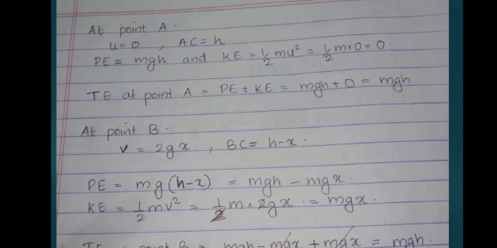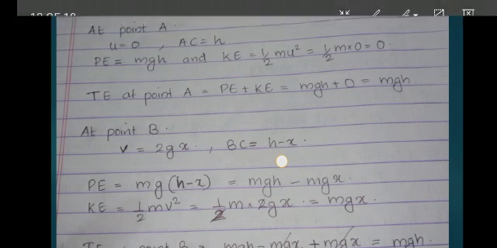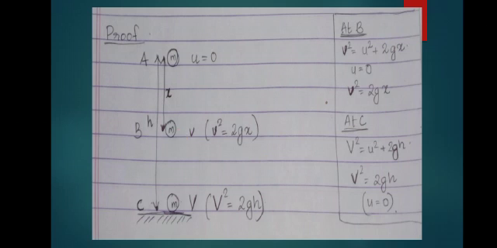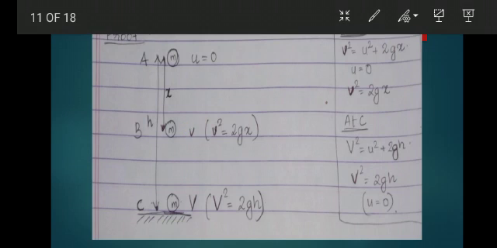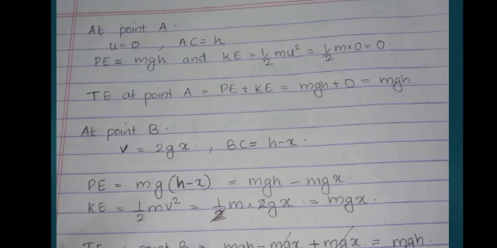Like this we are going to find the energy at position B. Now at position B, v square is equal to 2gx, which we have found earlier, and the height of the stone from B to C is h minus x.